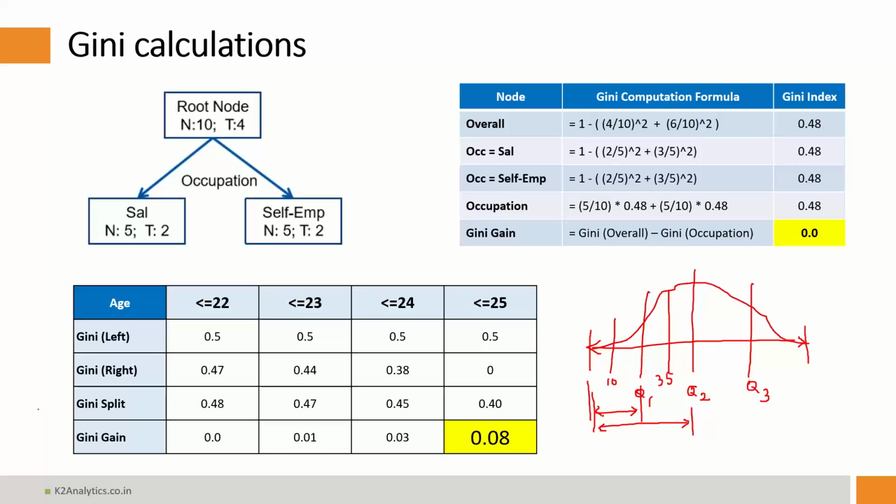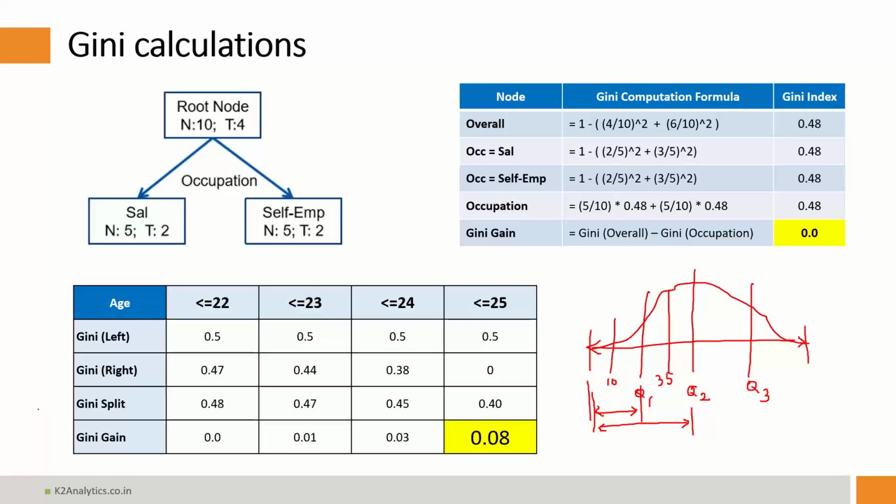We are not supposed to do the Gini calculations manually when we are going to run the CART algorithm using Python, or we are going to run CART algorithm using R or any other machine learning tool.